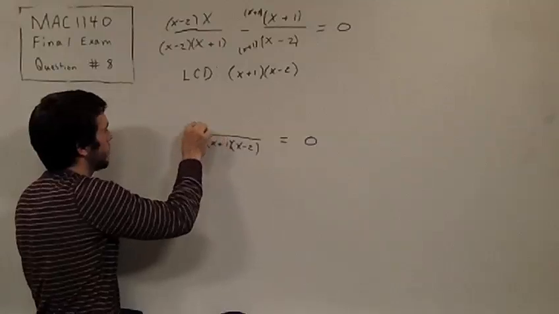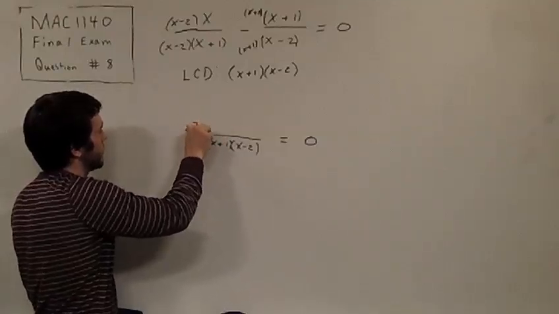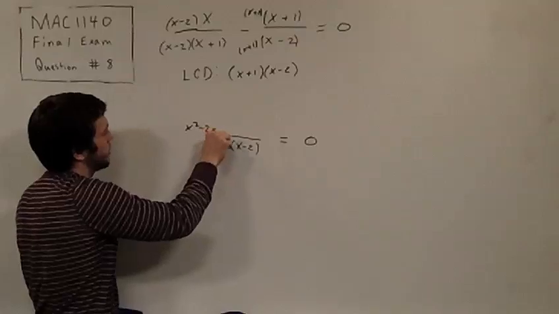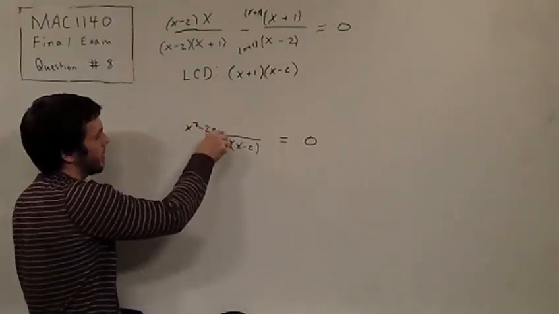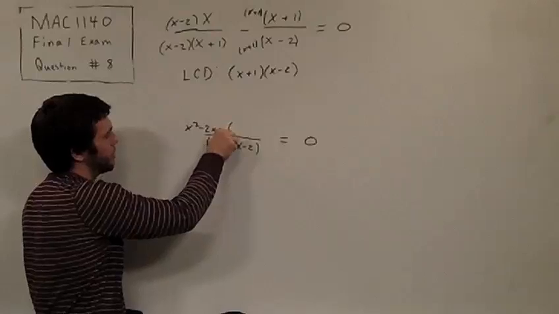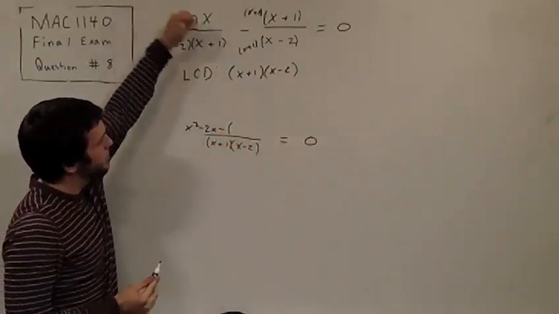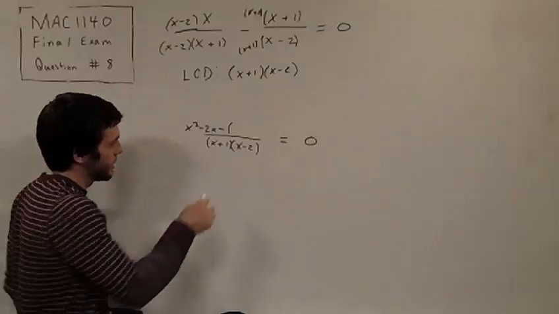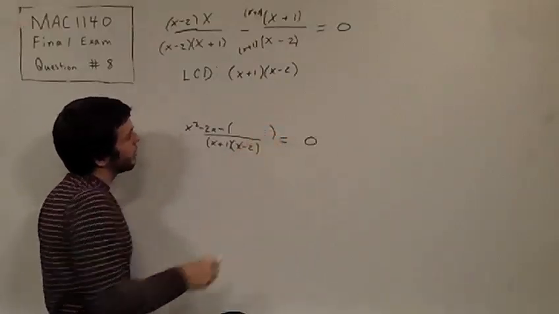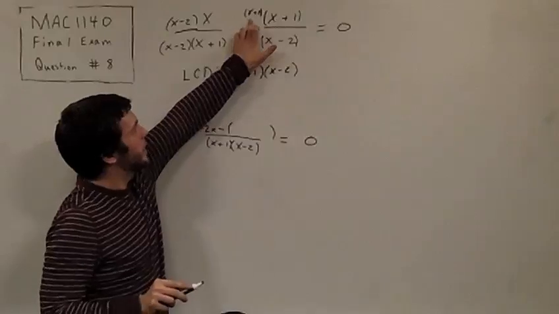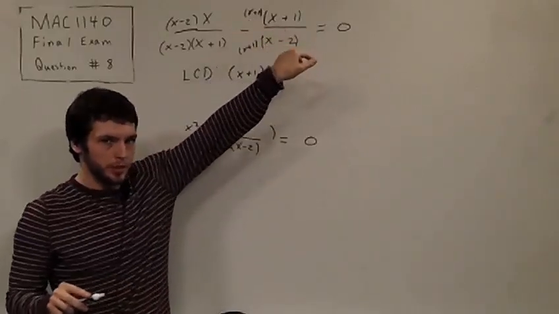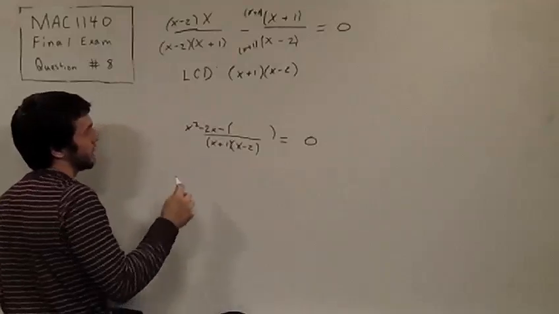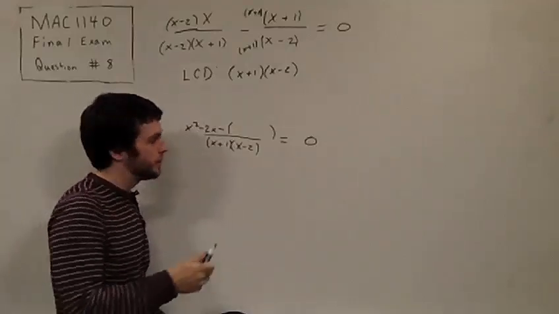We distribute, so we get x squared minus 2x. And right here I'll write minus, and then open a set of parentheses, because there's a minus right here. In the parentheses we have x plus 1 times x plus 1, so that's x plus 1 quantity squared.